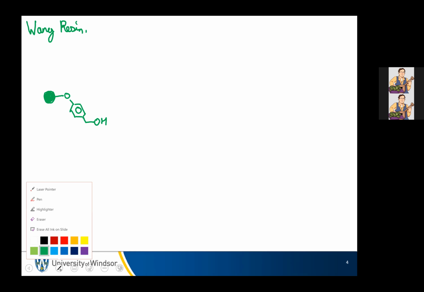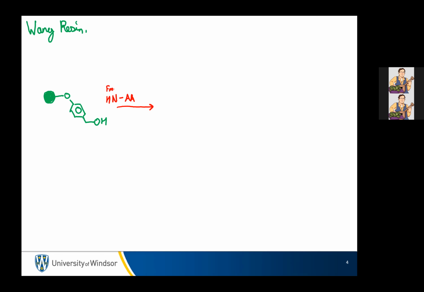Then what you'll often do is couple an amino acid to it, so an Fmoc protected amino acid with a carboxylic acid. Let's say we use an EDC coupling. So it's making an ester bond, not an amide bond.